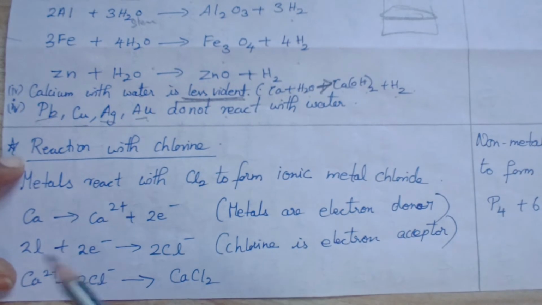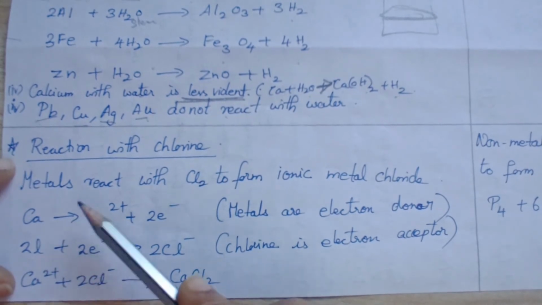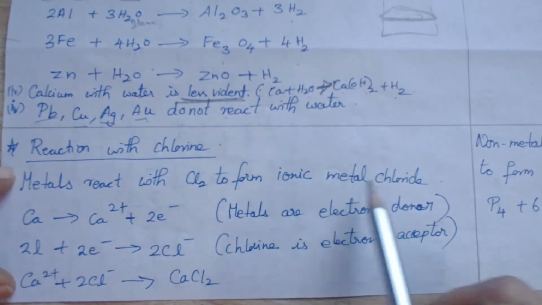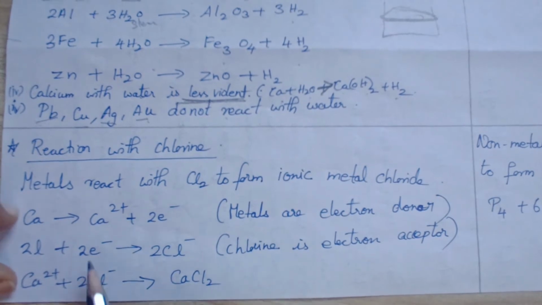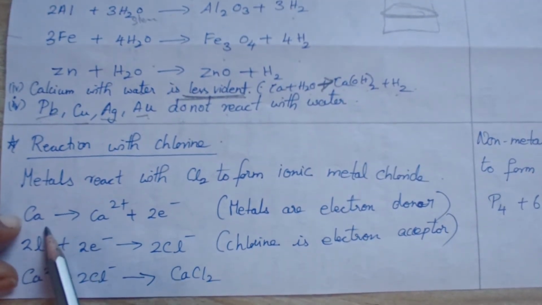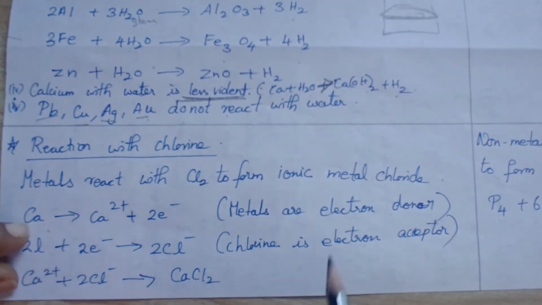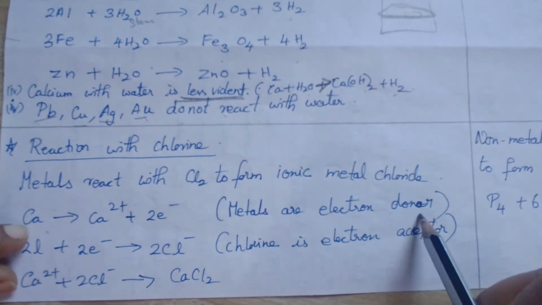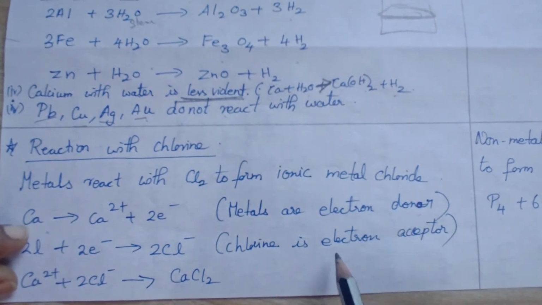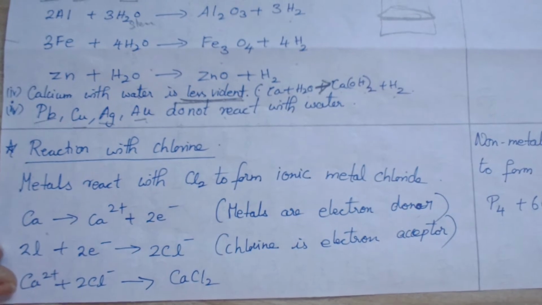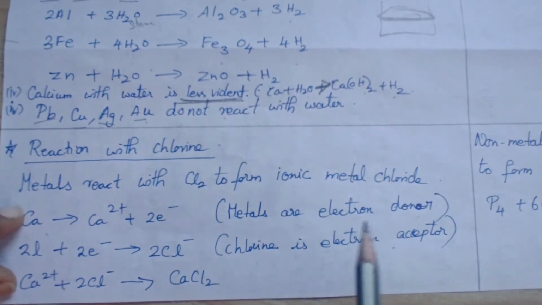Next, reaction with chlorine. Metals react with chlorine to form ionic metal chlorides. Calcium is an electron donor; it will lose electrons, and chlorine is a non-metal which accepts electrons.